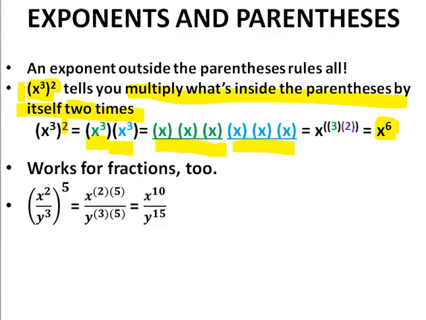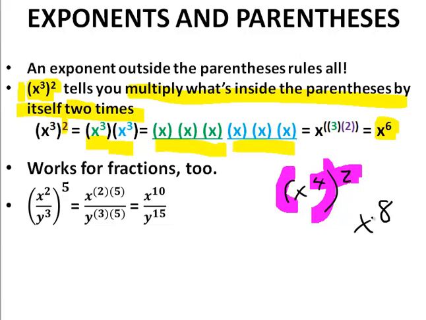Or a simpler way to think about it, if I have x to the fourth to the second power, with these two, I get to multiply them because of the parentheses. So that would be x to the 8th. If it was just x to the 4th times x to the 4th, well, gosh, that's what this says to do. And that would be 4 plus 4 is 8.